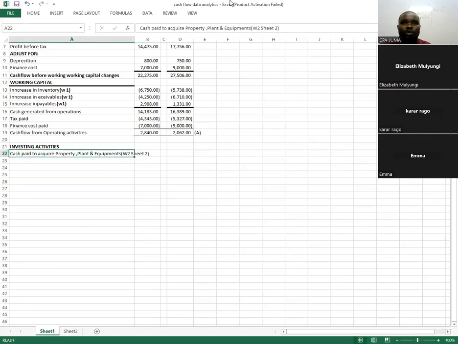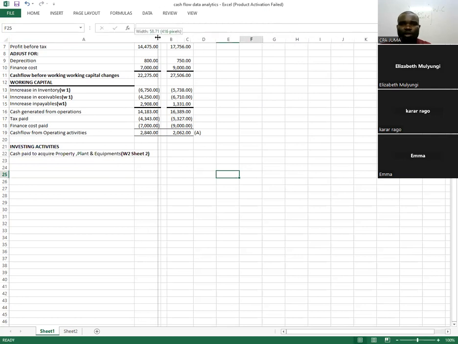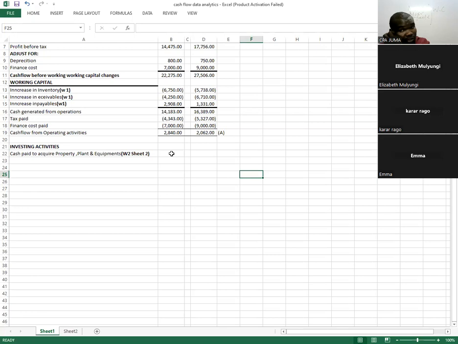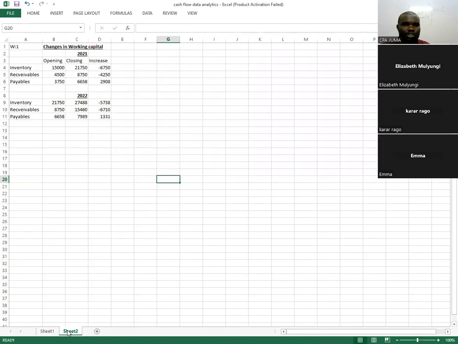I will always have this one bold. I'm just trying to communicate to the examiner. So I'll go to sheet 2, then working 2. You can call it any name. Whichever name you call your workings does not matter.